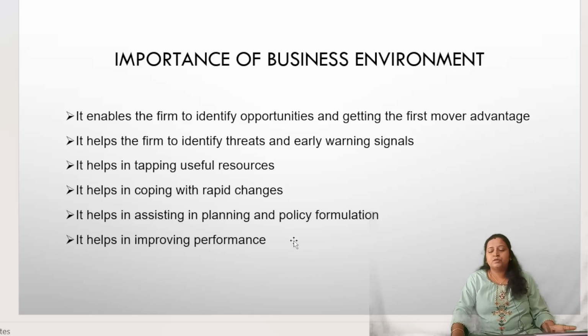For this purpose we can take the example of Maruti Udyog. Maruti Udyog is the first company which identified that there is a need for small cars in India, because in India we have middle class families who can't afford a huge amount to buy a car, but a car is necessary for them.